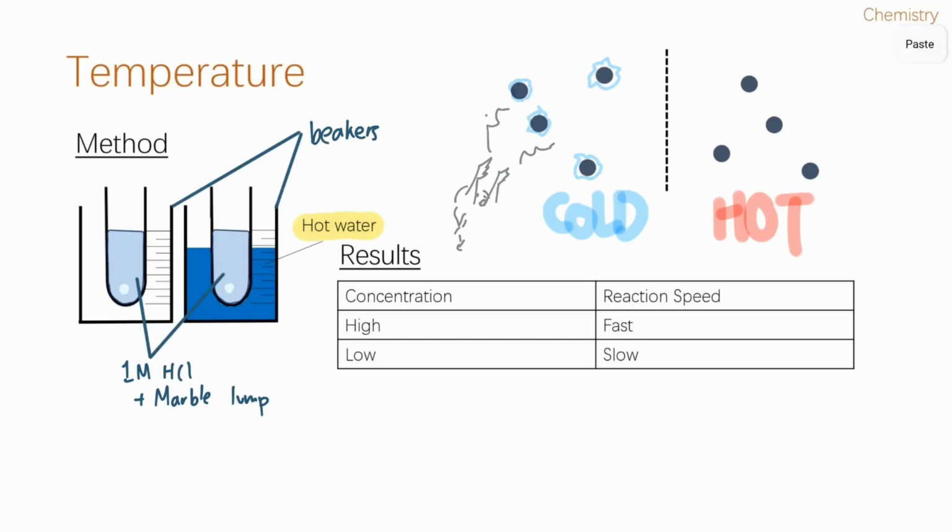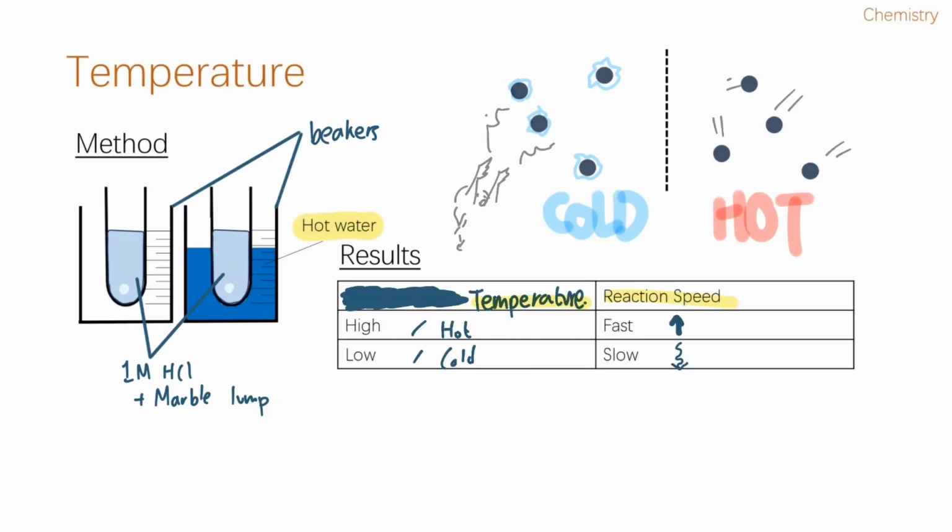Whereas if they're hot, you probably have experienced being hot as well. You're sweating, your heart beats faster, so your body is moving faster. Your organs are more active. You're exhausted, and you could think that in particles as well. They're moving really, really fast. They're speeding.